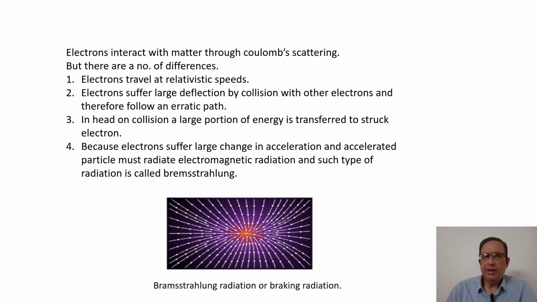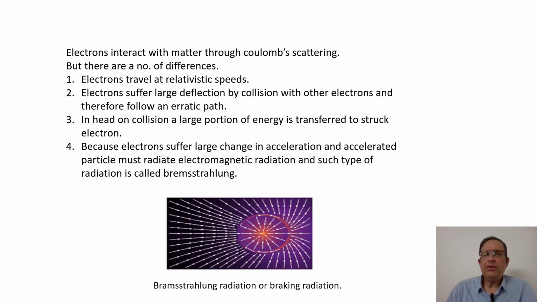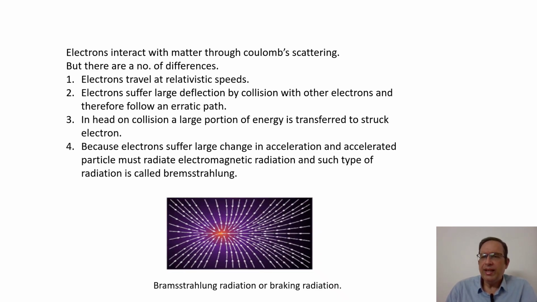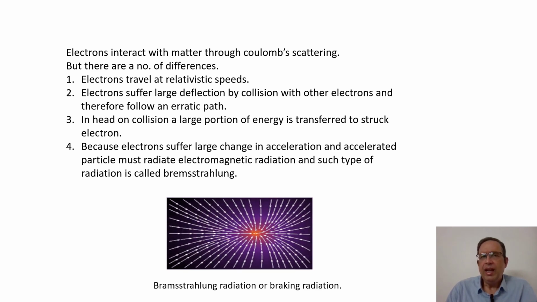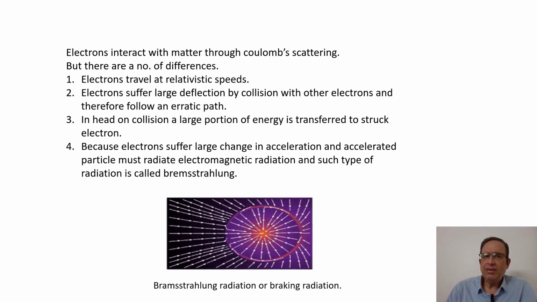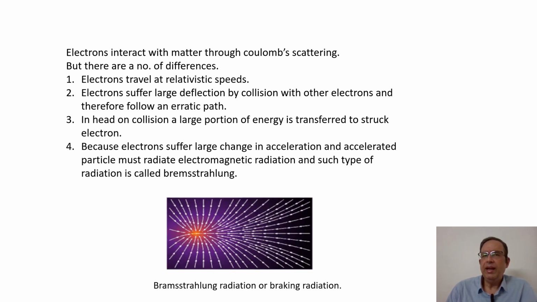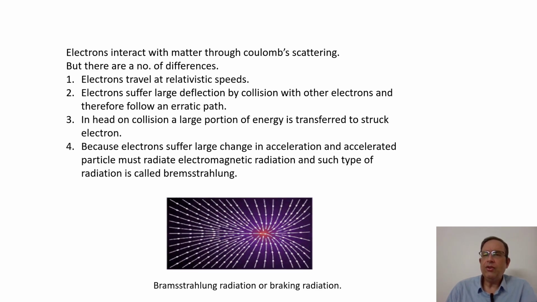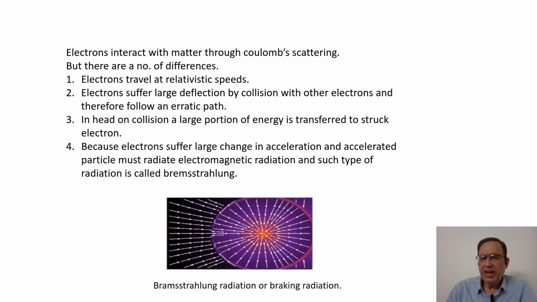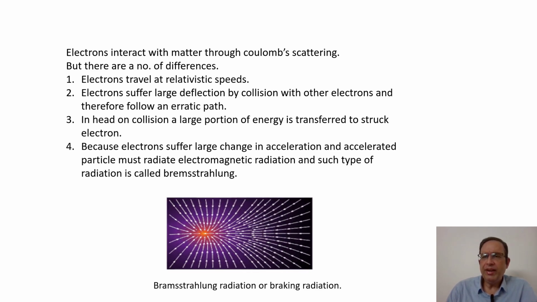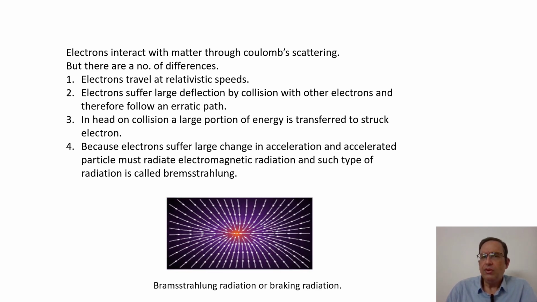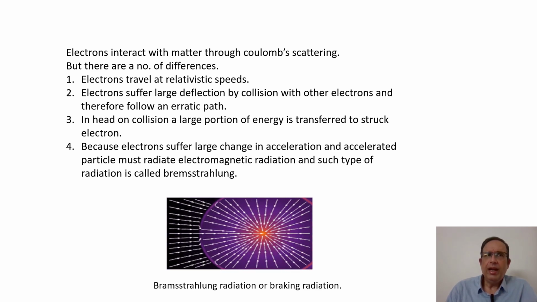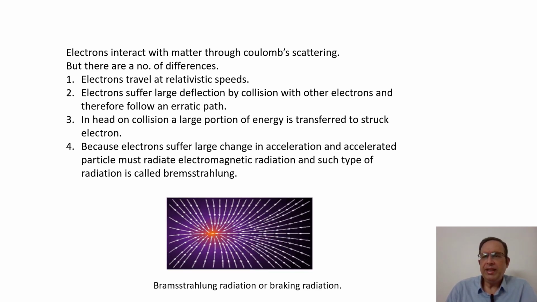Because the electrons suffer a large deflection, they undergo a very large acceleration, and accelerated particles must radiate electromagnetic energy. That is why electrons lose energy through radiation, known as Bremsstrahlung or braking radiation. These are a few differences which are not present in the case of heavy charged particles interacting with matter.